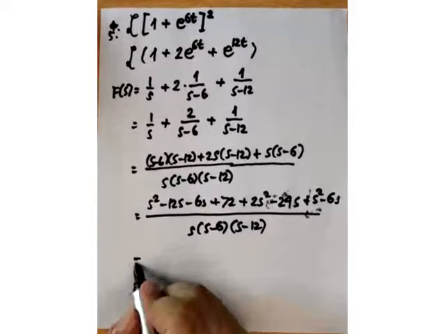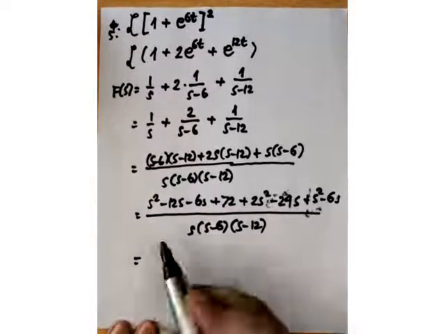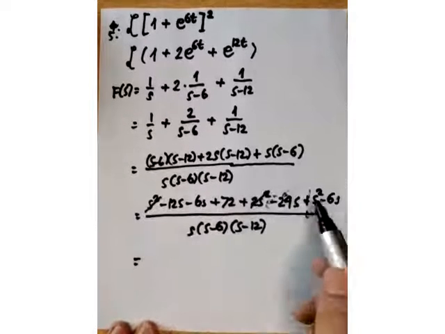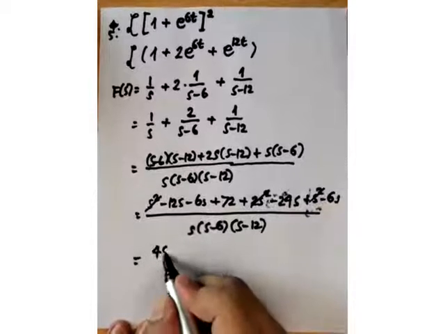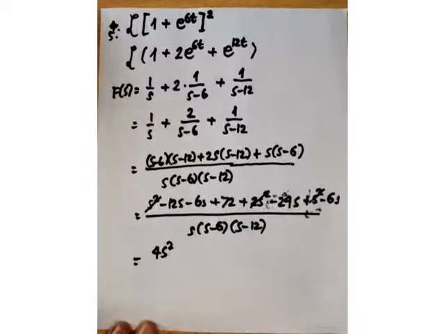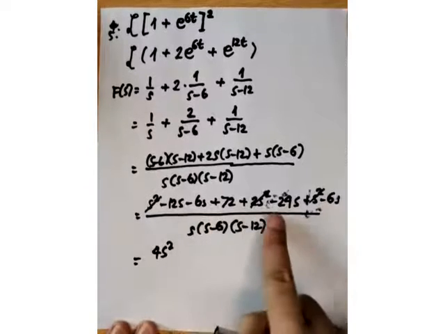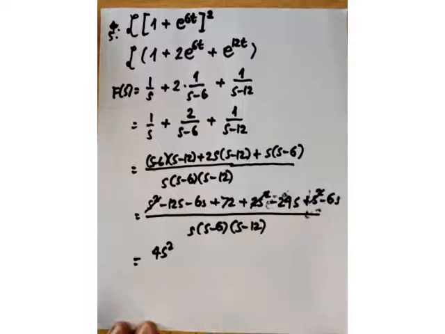So simplify natin. S squared to s squared, we'll have 4s squared, and then we have negative 12 minus 6 minus 24 minus 6.